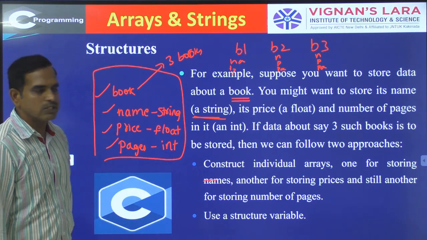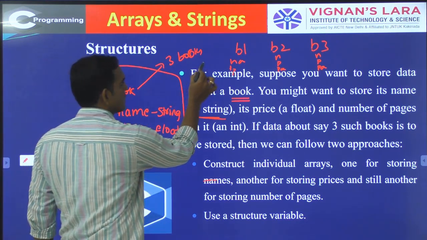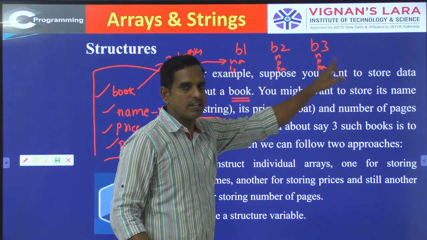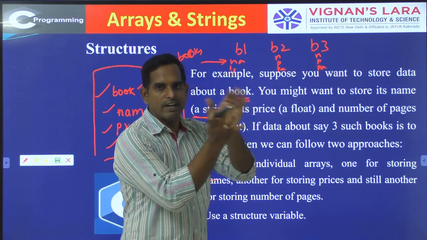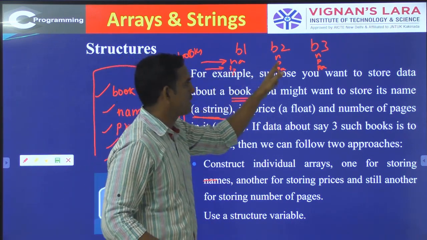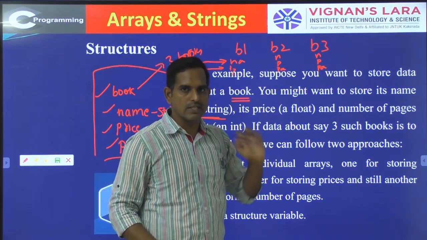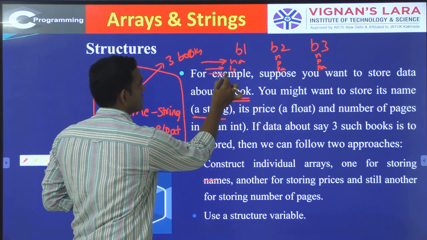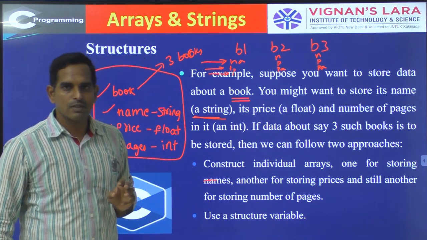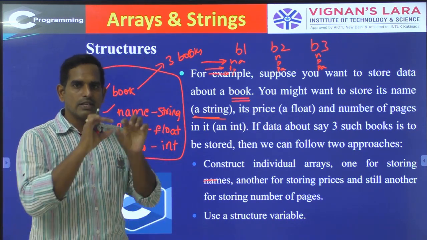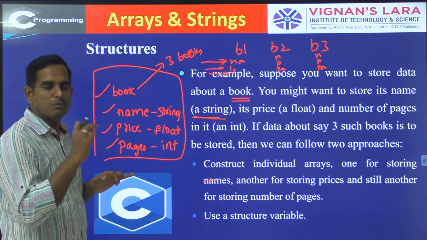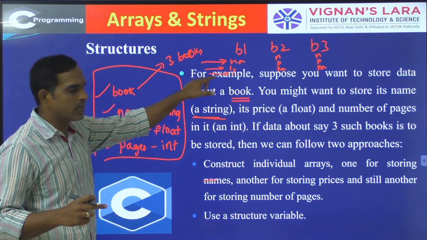What I can do is implement the names, that is name 1, name 2, name 3, in one array. I can use another array to represent price 1, price 2, price 3, and a third array for page 1, page 2, page 3. I have to store 3 page counts, and all of them will be of integer data type, so they will be the same data type and I can use one array.